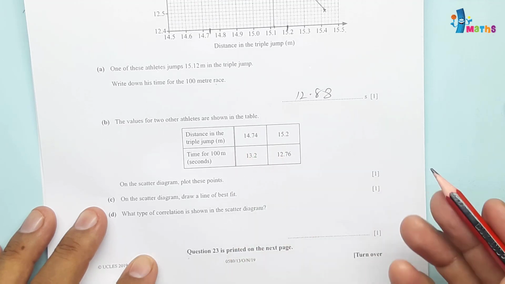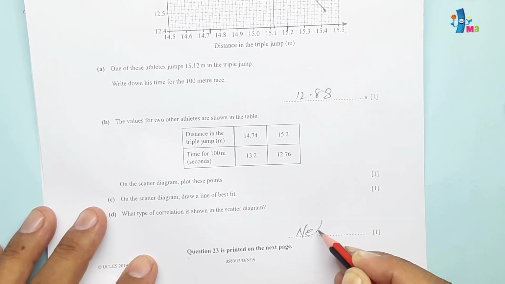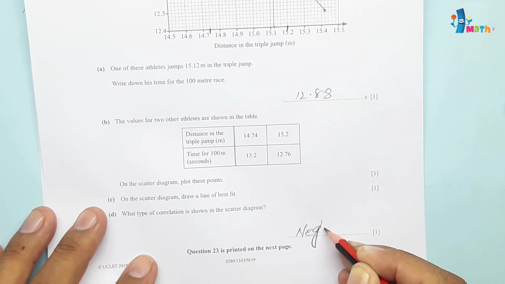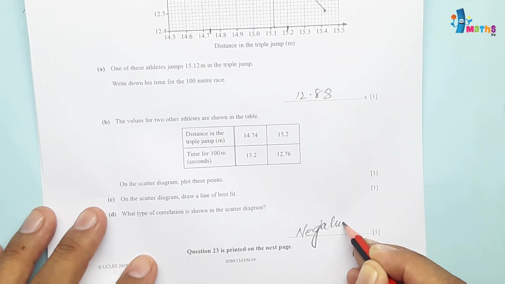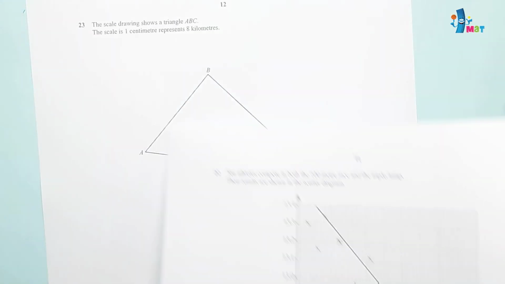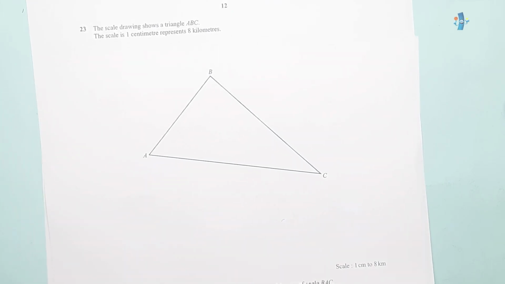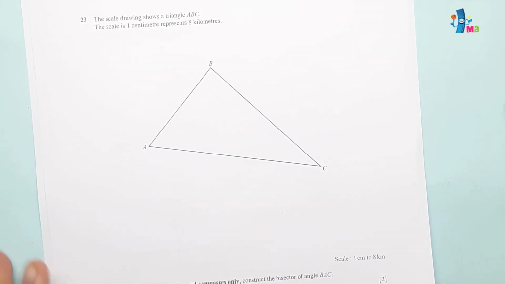This is a negative correlation because the right side is going down, so we will write negative correlation.